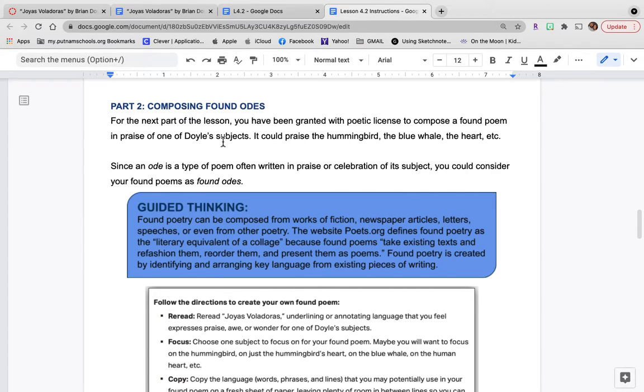For the next part of the lesson, you will be granted poetic license to compose a found poem in praise of one of Doyle's subjects. It could praise the hummingbird, the blue whale, the heart, etc. And since an ode is a type of poem often written in praise or celebration of its subject, you could consider your found poem as a found ode.